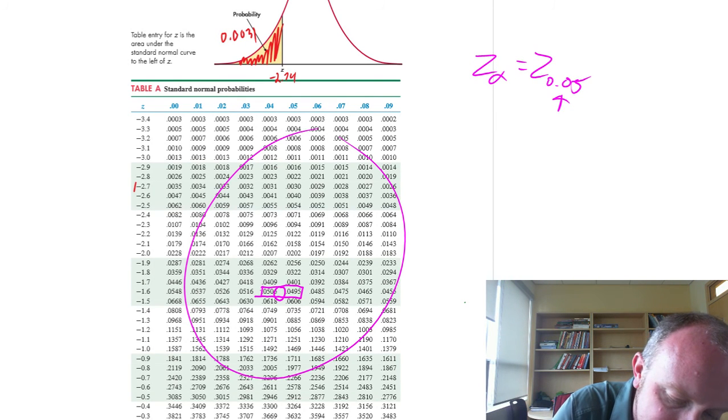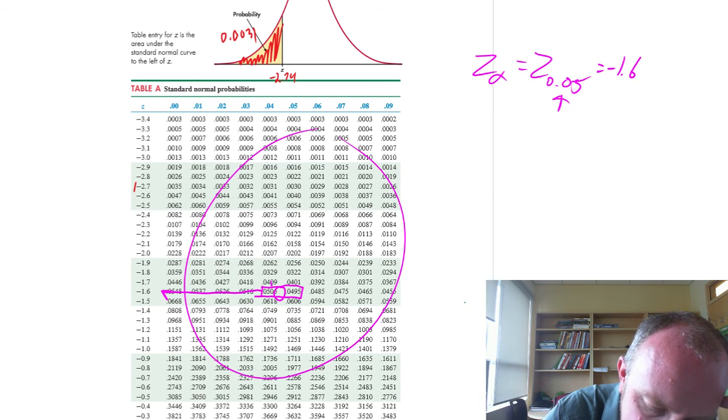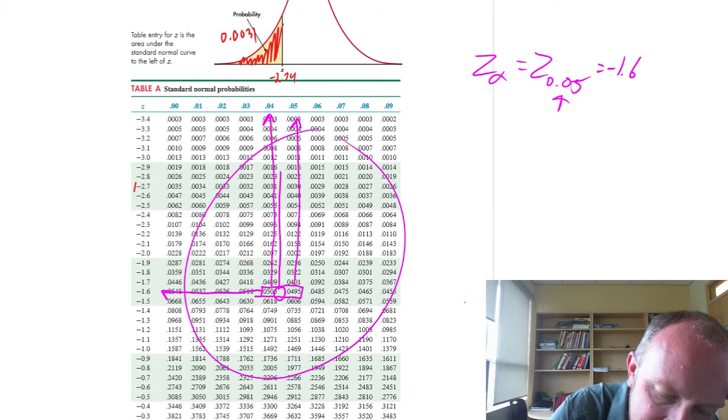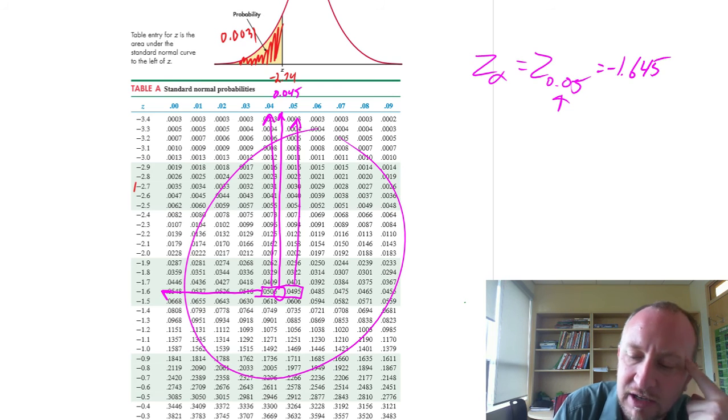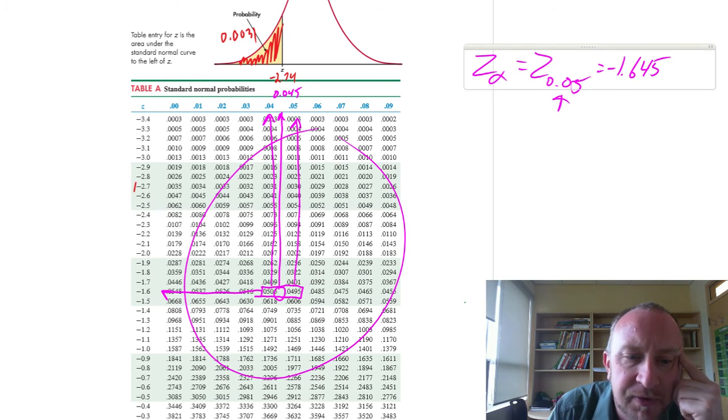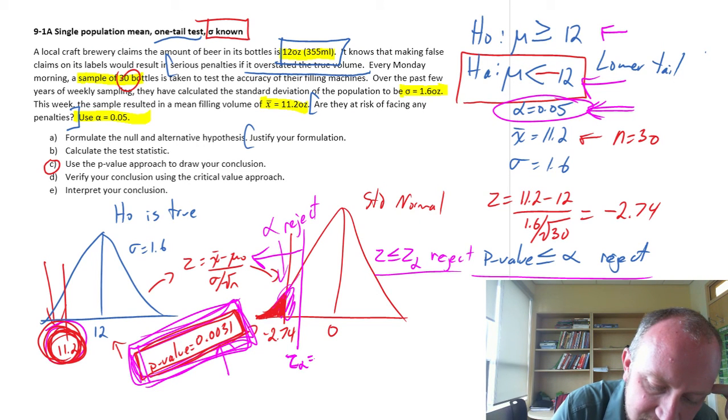So our critical value is going to be negative 1.6, and this is at 0.64, this is at 0.65, and we are right in the middle, so that's 0.045. That gives me a critical value of negative 1.645.